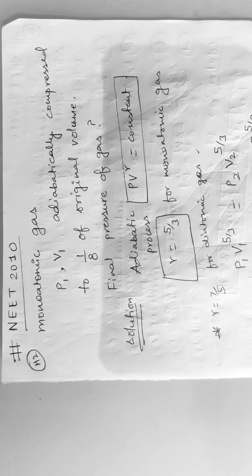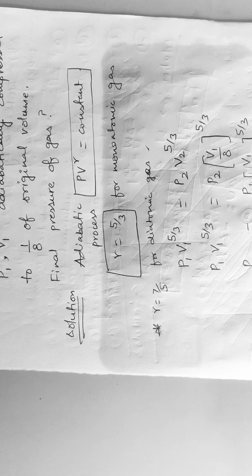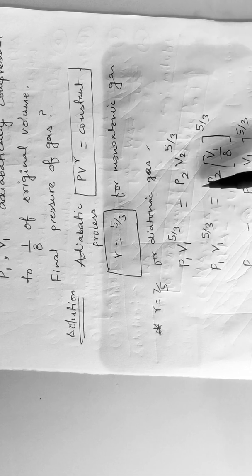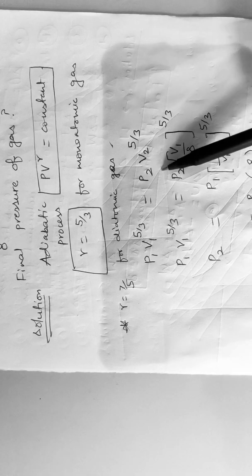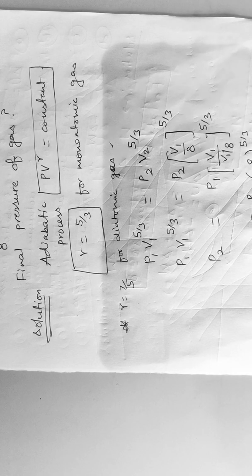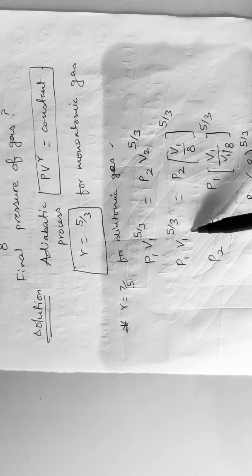Okay, let us try to understand the solution. We simply write P1 V1 raised to the power gamma is equal to P2 V2 raised to the power gamma. Now we can write the value of V2 as V1/8. Right, now it is simple mathematics. We take V1 raised to the power 5/3 to this side, and put the value of V2 also.